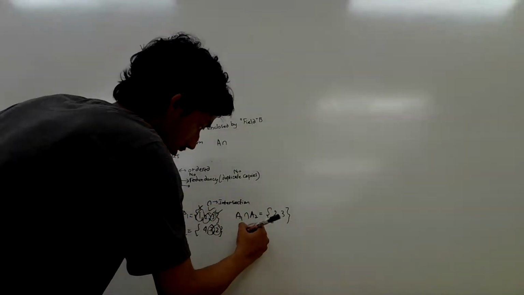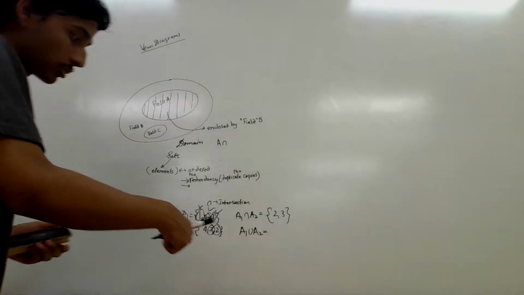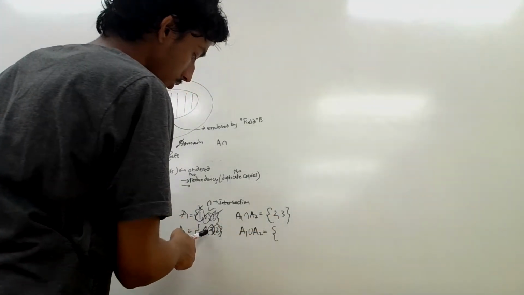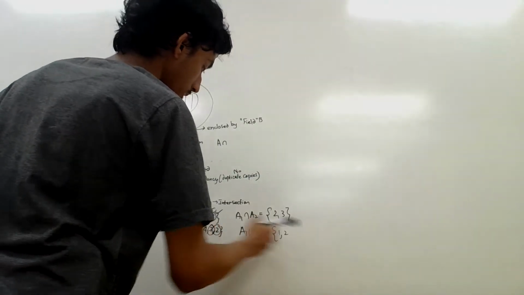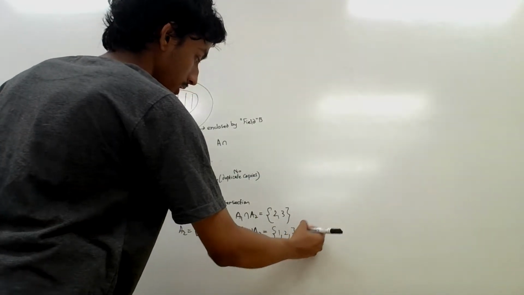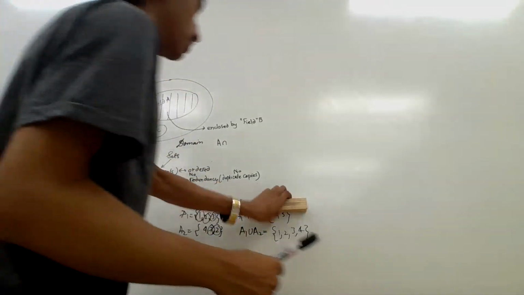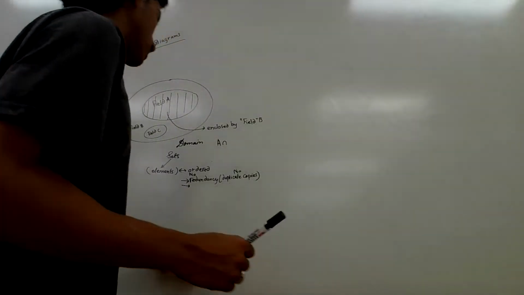There's another thing which is called union. Union is pretty similar. You just merge both of the sets and remove the redundant ones. So here you have 1 2 3 4 3 2. So you write 1, which is accounted for. Now 2 is in both, so you write it once. Then 3 and 4. So you join both of them together. One is merging, another one is finding what's common between them.